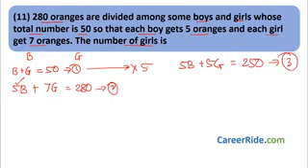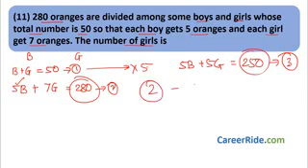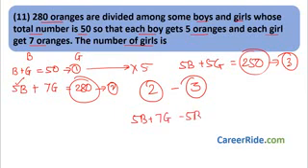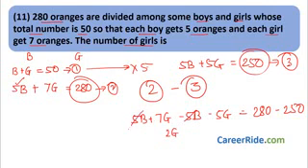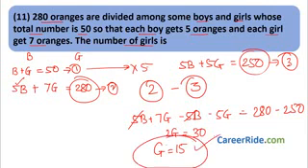Now 280 is greater than 250, so equation 2 minus equation 3. 5B plus 7G minus 5B minus 5G equals 280 minus 250. The 5B gets cancelled. 7G minus 5G, 2G equals 30. G equals 15. The number of girls is 15.